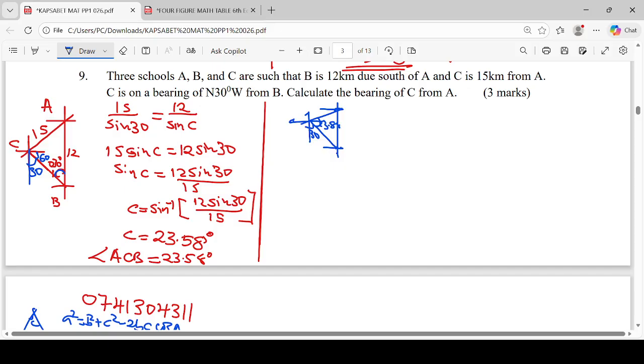So it means that if the whole of that is 23.58 plus this 30, what is the remaining angle? To get this top angle here, it's going to be very simple. Because the whole of that should be 180, I'm going to take 180 minus 30 plus 23.58.